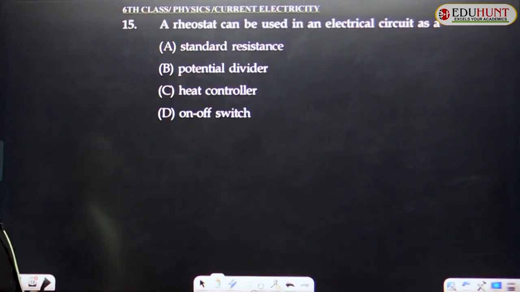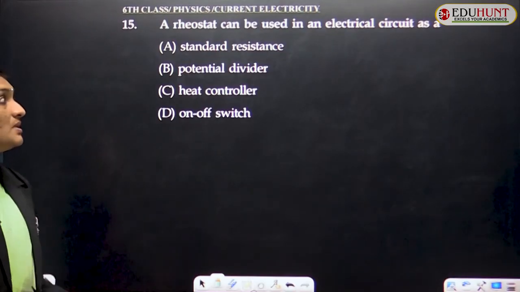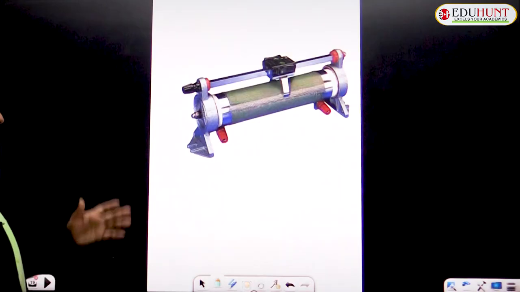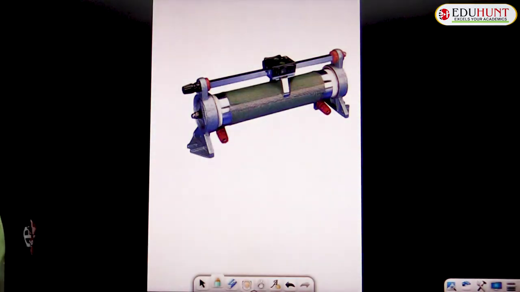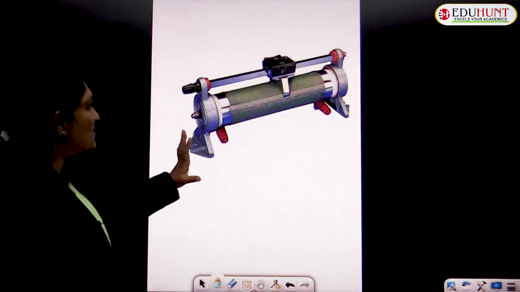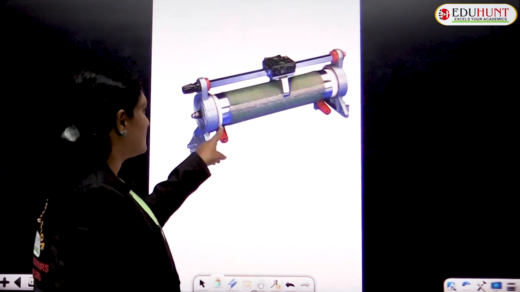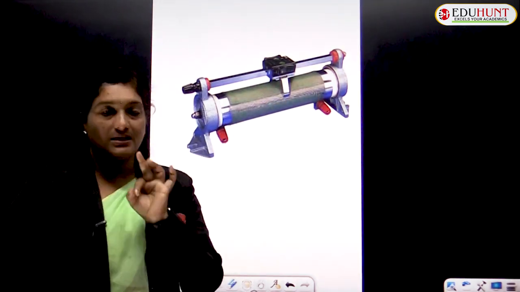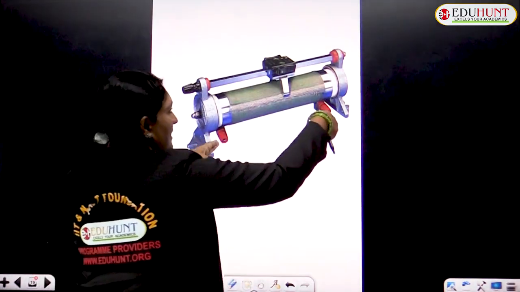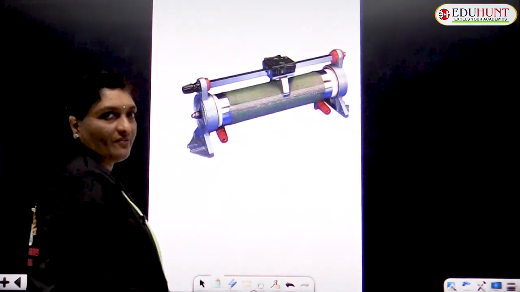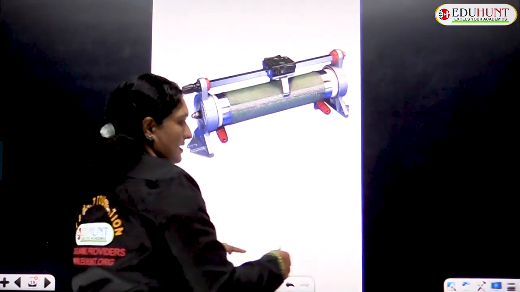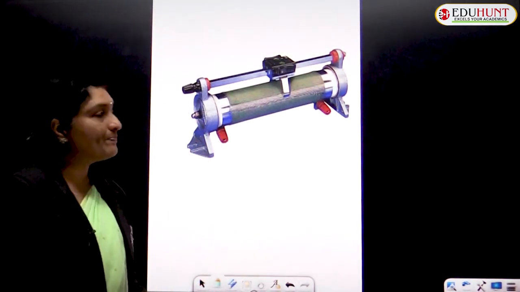Now, the last question, children. A rheostat can be used in an electric circuit as what? Let me show you how a rheostat looks. This is the picture of a rheostat. It generally consists of 3 terminals: terminal 1, terminal 2, and terminal 3. These 2 terminals maintain the potential difference, one positive terminal and the other negative terminal, connected in the circuit.